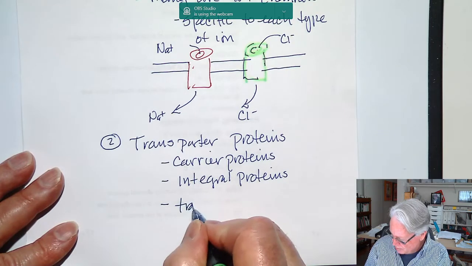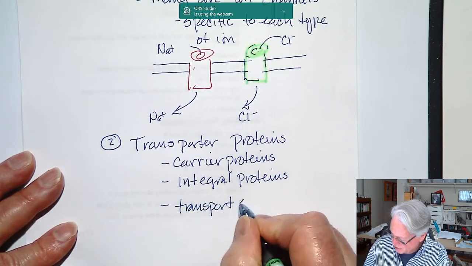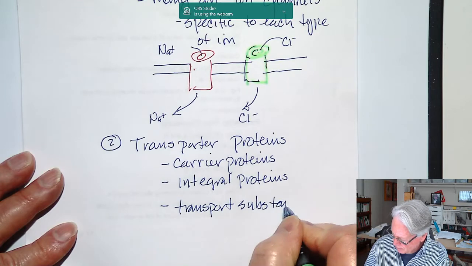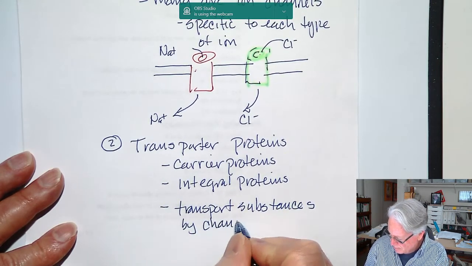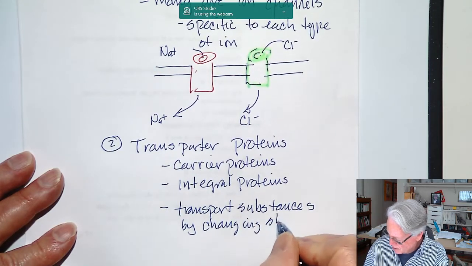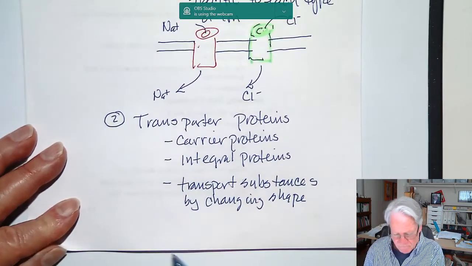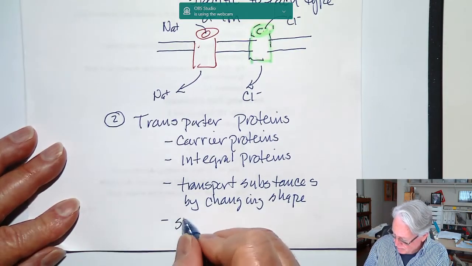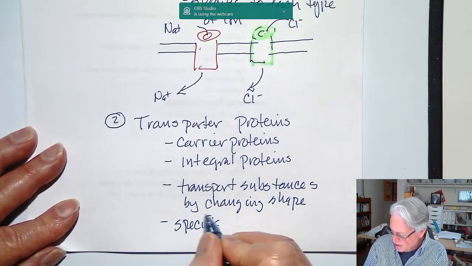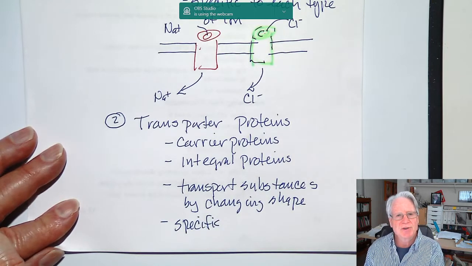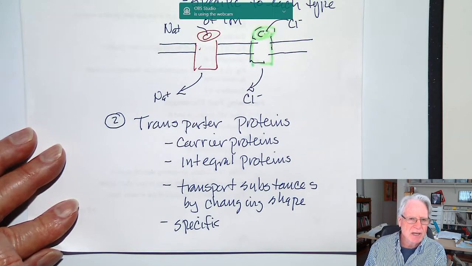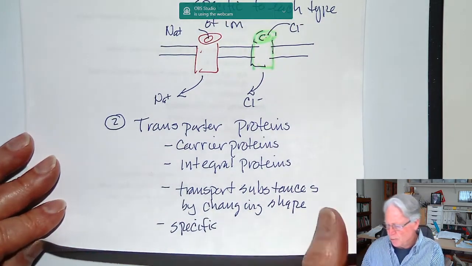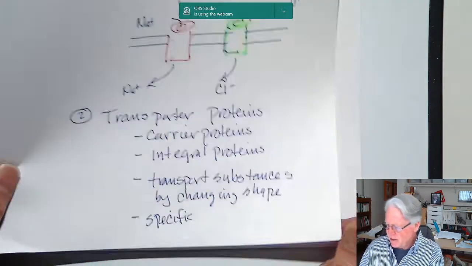So they transport substances by changing shape. Okay. And they are also specific. So the same thing that we talked about with ion channels holds true with transporter proteins. Not everything can be transported across the membrane by any protein. So every transporter protein is specific to what it can transport and what it cannot transport.